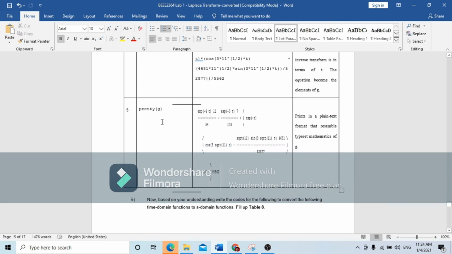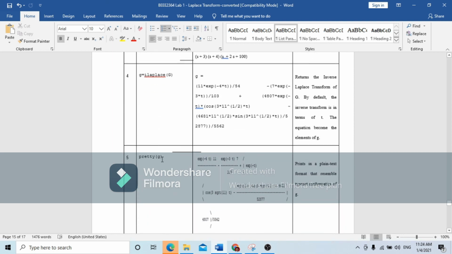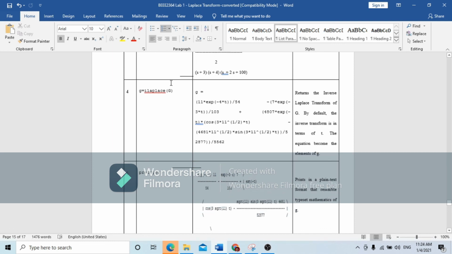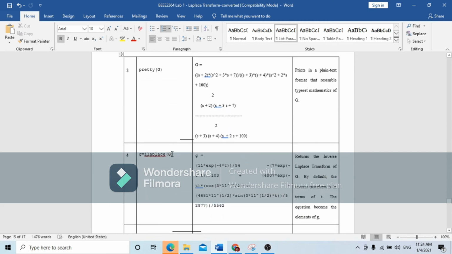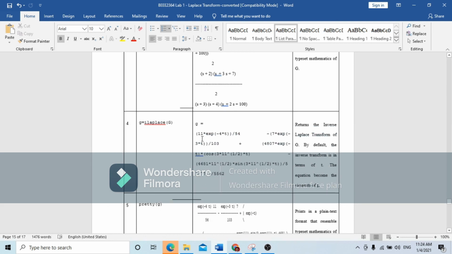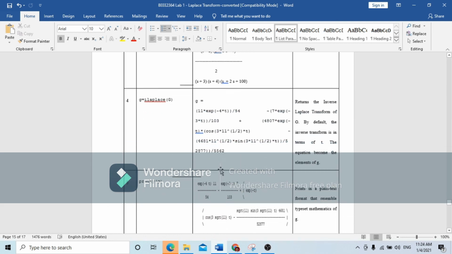Then pretty(G) again. So here is the answer for the inverse of the equation: capital letter G will become the small g elements.